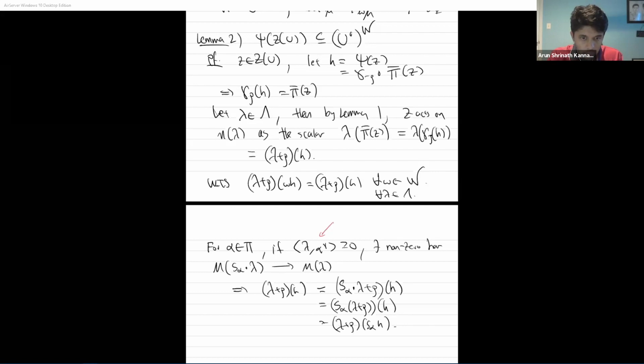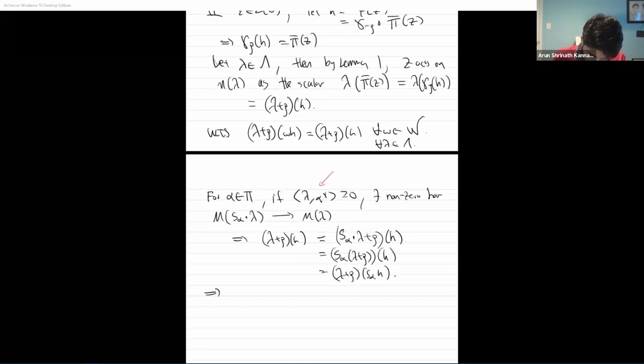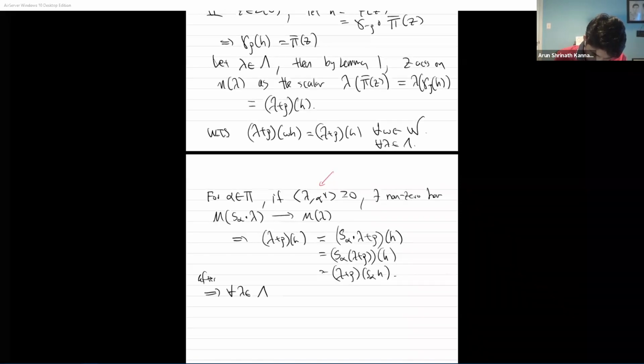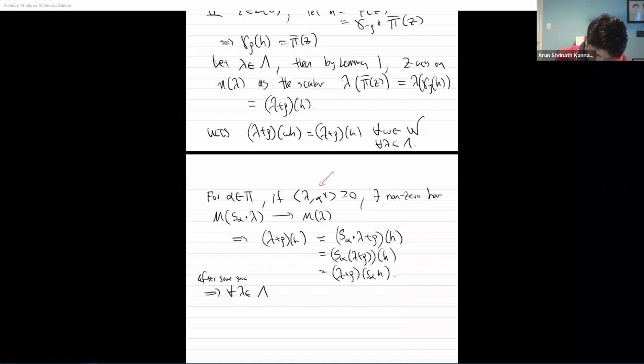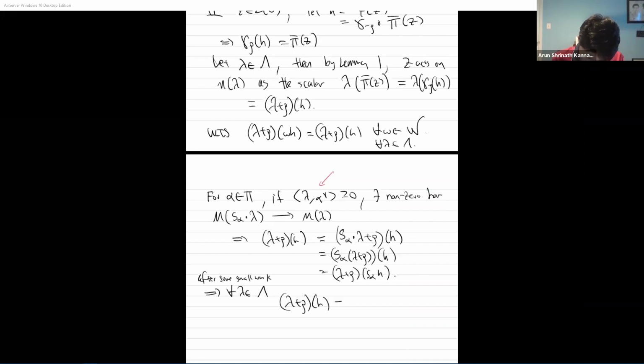That I will not prove, but the point being is that you deduce that for all lambda in the weight lattice, after some small work, you get lambda plus rho of H is equal to lambda plus rho of S alpha inverse of H, and for all alpha element in pi.